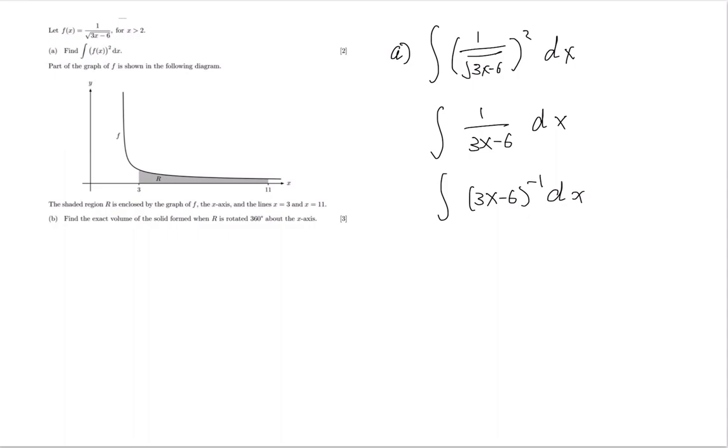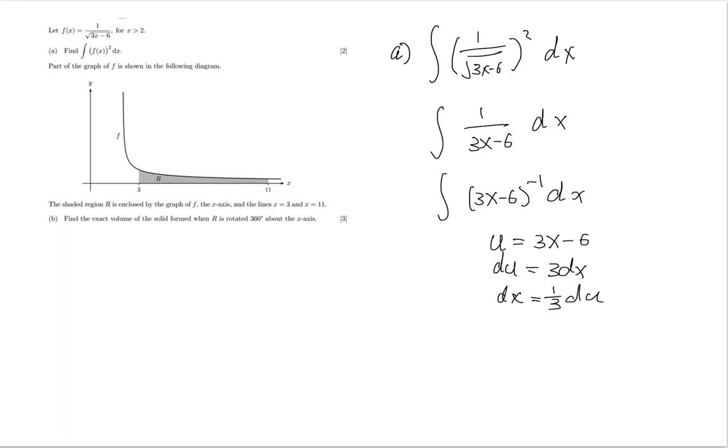And we can do a substitution of u equals 3x minus 6, and du therefore would be 3dx. And so dx would just equal 1 over 3 du.